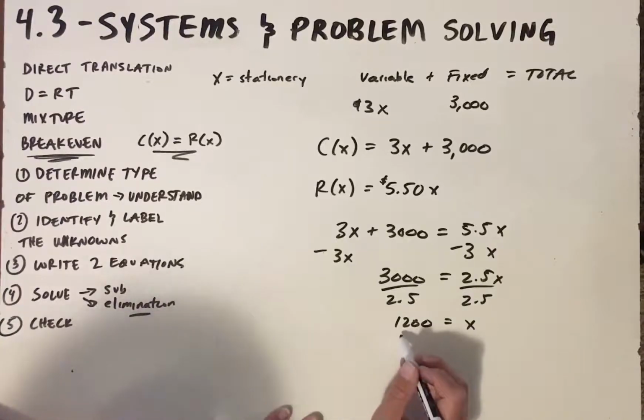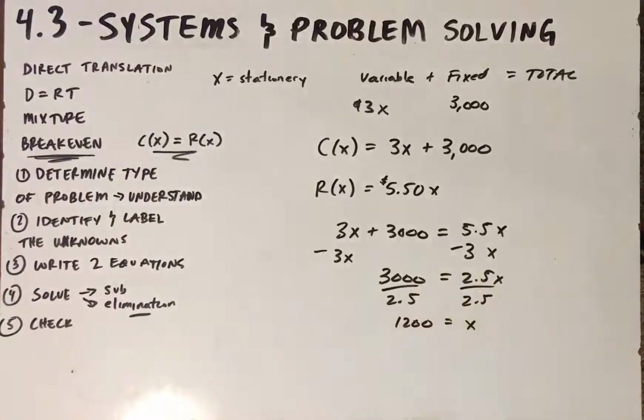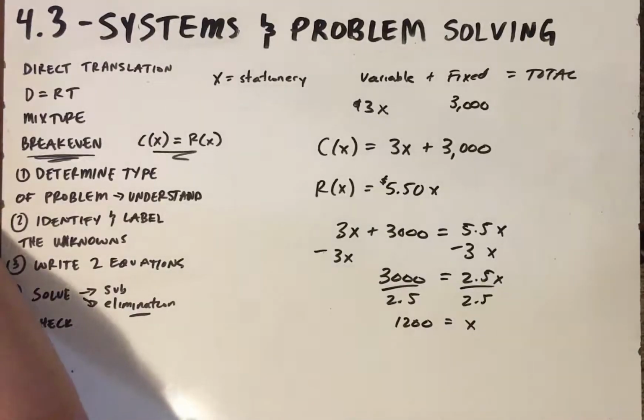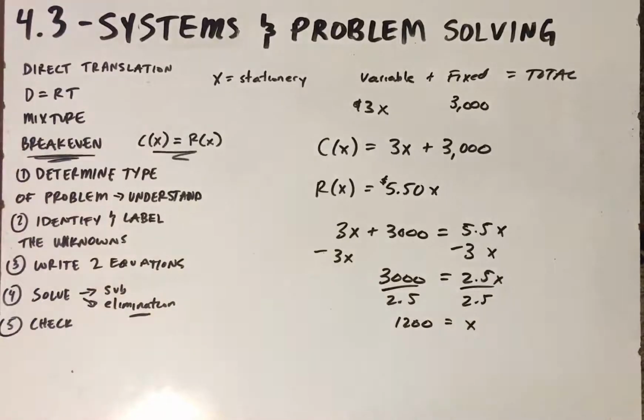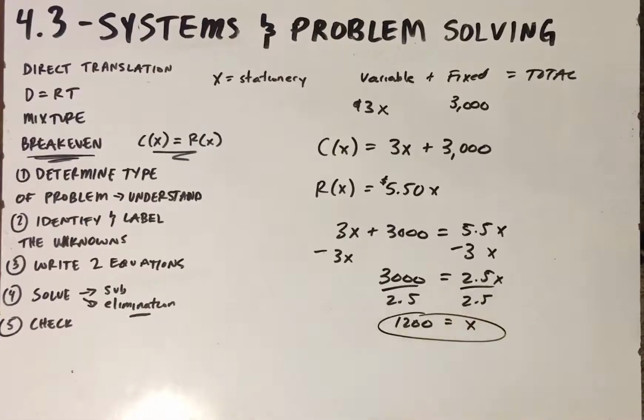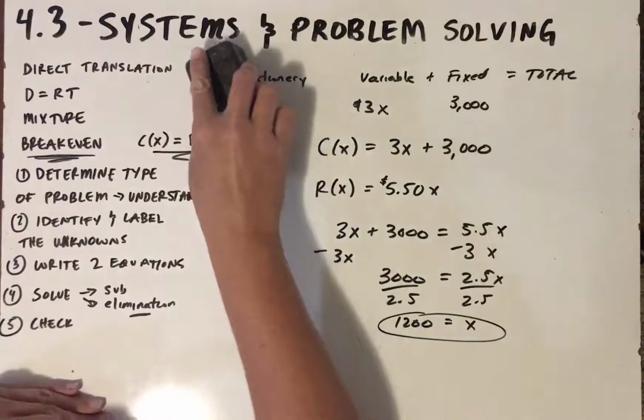So if I sell less than 1,200 packages of stationery, then I will lose money. If I sell more than 1,200, I will make money. If I sell exactly 1,200, I will have made $0. I will break even. My costs and my revenues will equal one another. Okay, so this is the break-even quantity. When it says find the number of packages that must be sold to break even. All right, so that is break even.